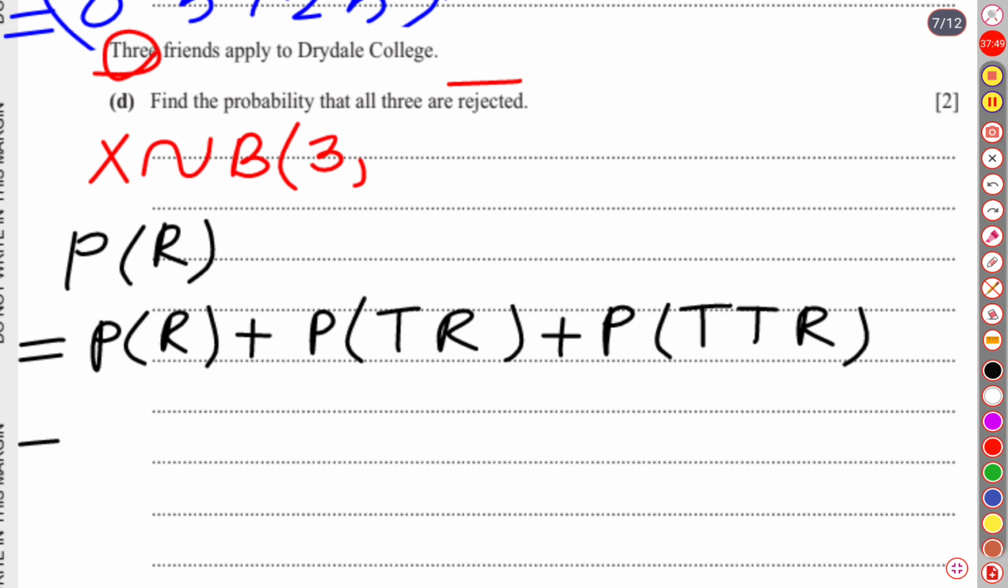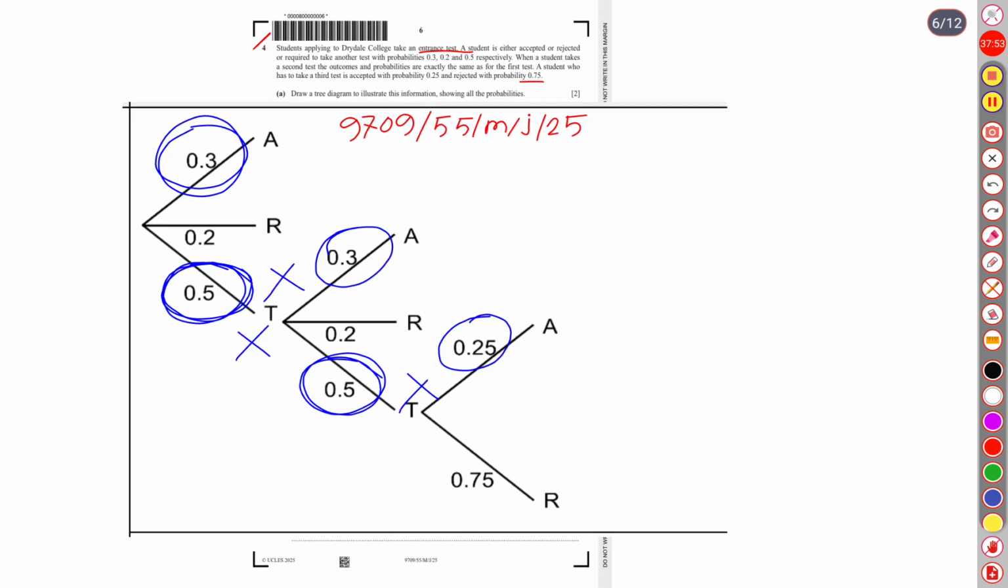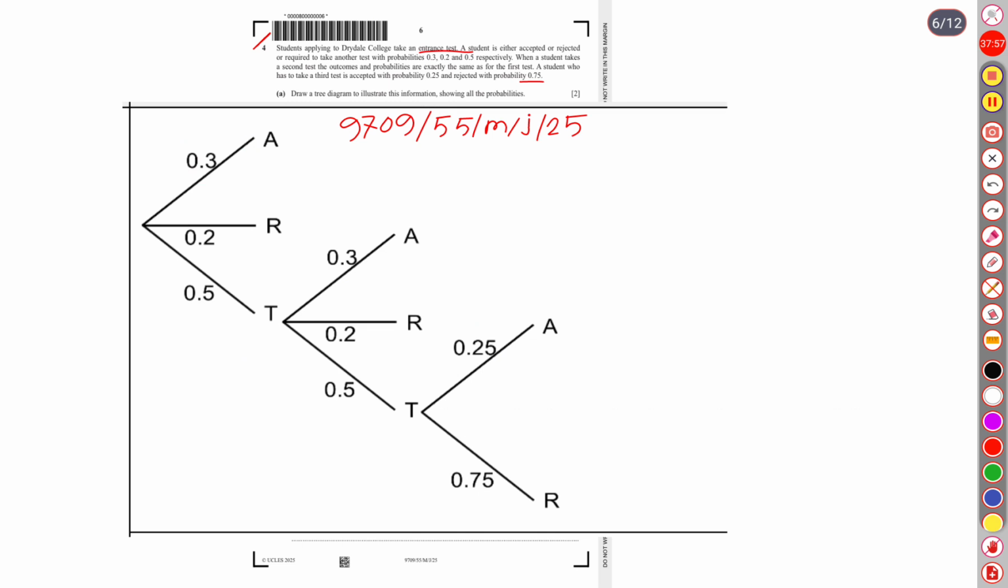So what are the probabilities? From the previous page, for first rejection the probability is 0.2. For the second rejection, it will be 0.5 into 0.2. For third rejection, it will be 0.5 into 0.5 into 0.75.